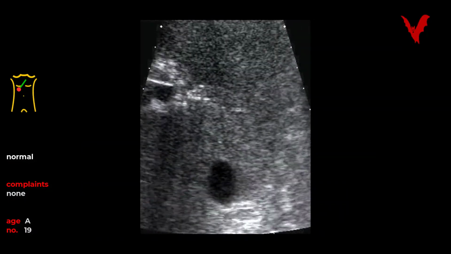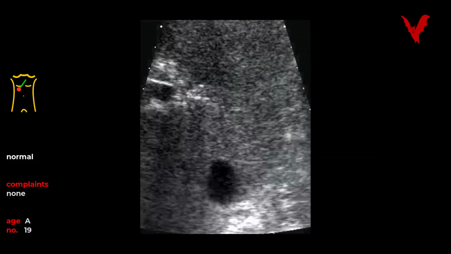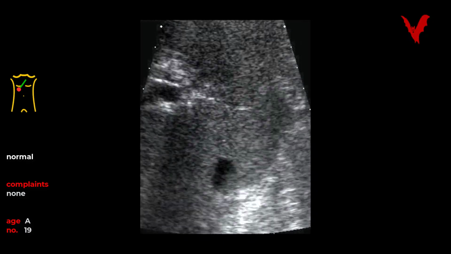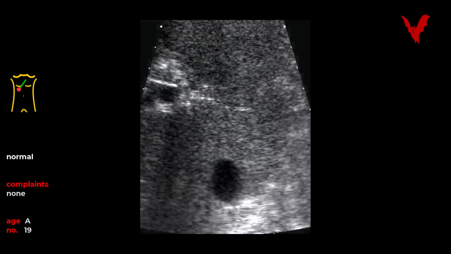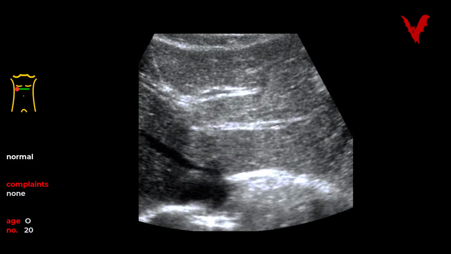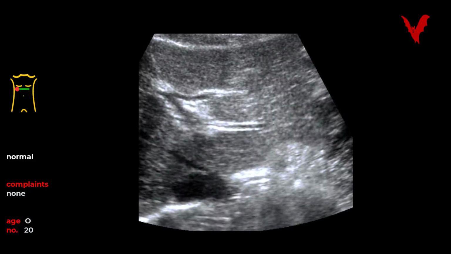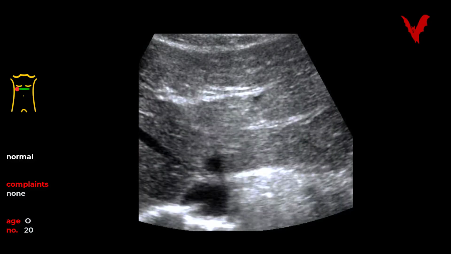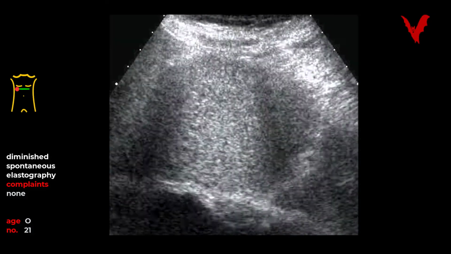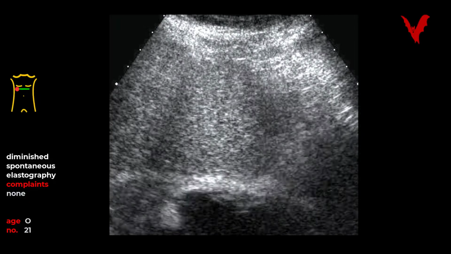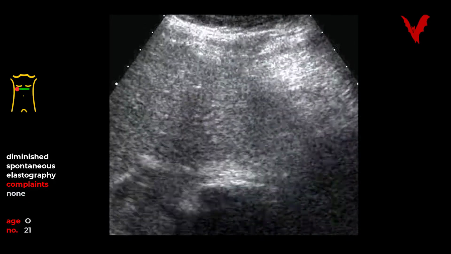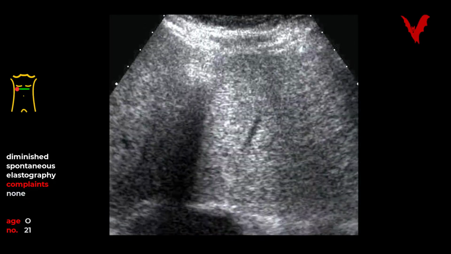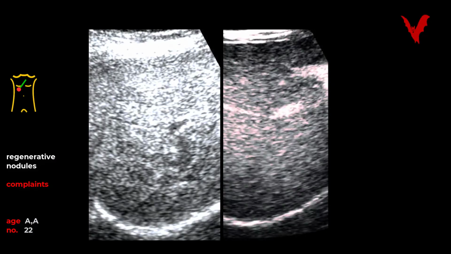Like here in figure 19, however, volume and spontaneous elastography are normal, as well as heartbeats are transmitted normally to the left liver lobe in figure 20. Heartbeats push the whole of the consistently augmented left liver lobe. Back to FLs again.